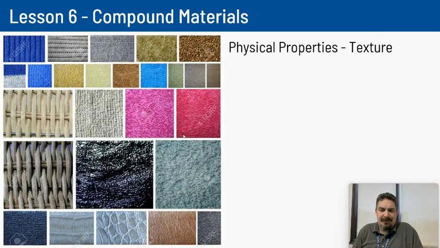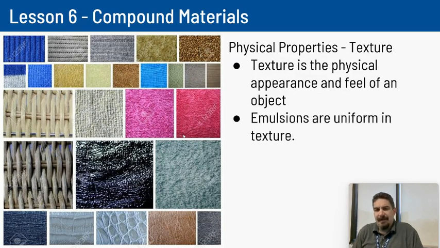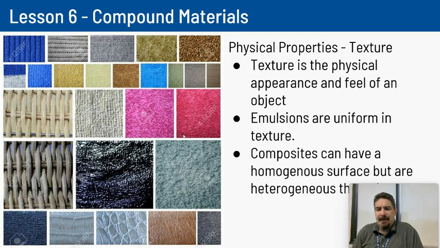Now let's talk about some of the physical properties that we see and think about when we look at compound materials. The first one here is texture. We can see this big map of a bunch of different textures, okay? And that is, of course, the physical appearance and feel of an object. Emulsions will have a uniform texture. If it's mixed properly into a real emulsion, it's going to be the same texture throughout.